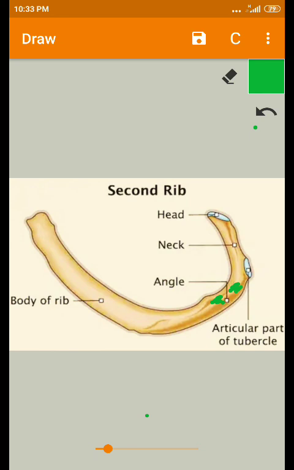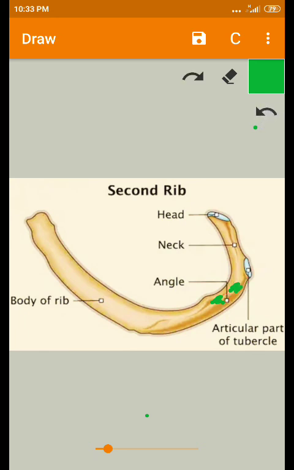And behind this outer border, behind the scalenus posterior insertion, it gives insertion to the serratus posterior superior.